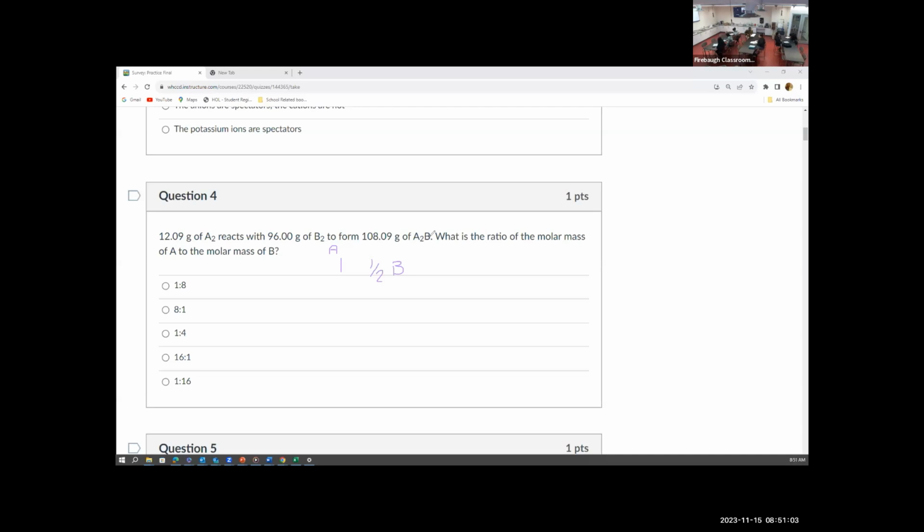Is that true? Okay, so if we go ahead and do our mass ratio, we have 12.09 divided by my B, which is 96. So what is that ratio? What is that going to be?